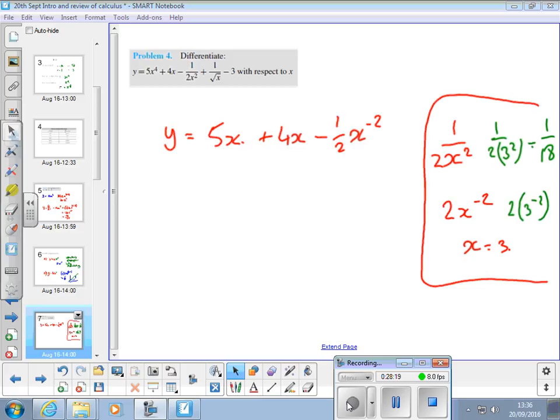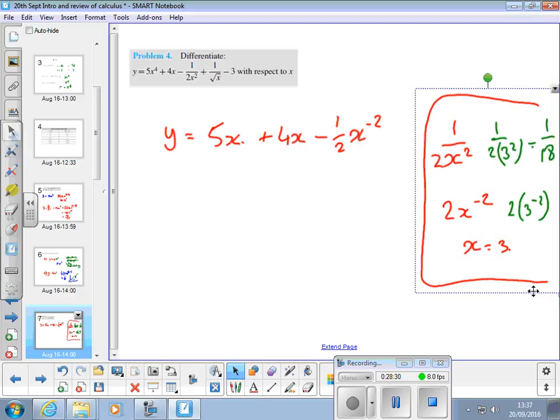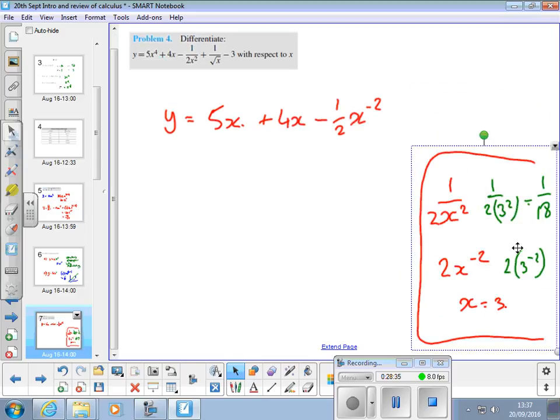And then, what about the root x? What have we got to write for root x?